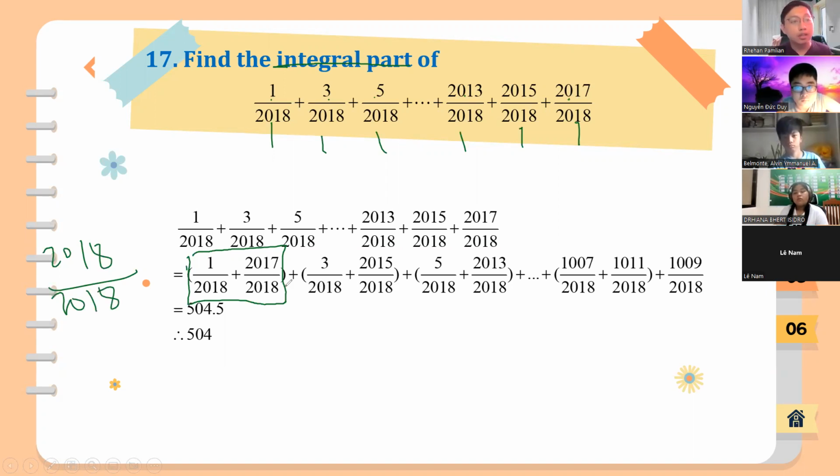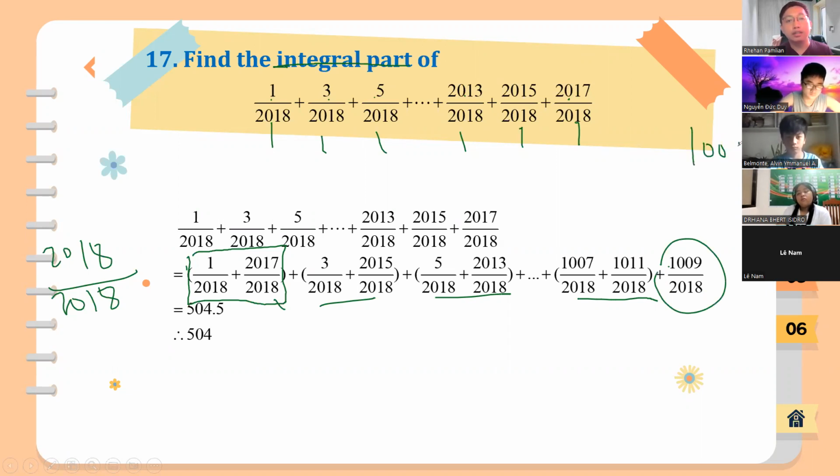So each of these pairs is equal to 1. And then you'll be left with a single number, which is 1009, because to make it 2018, you need another 1009.